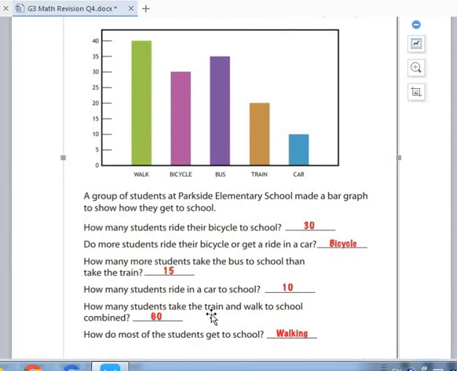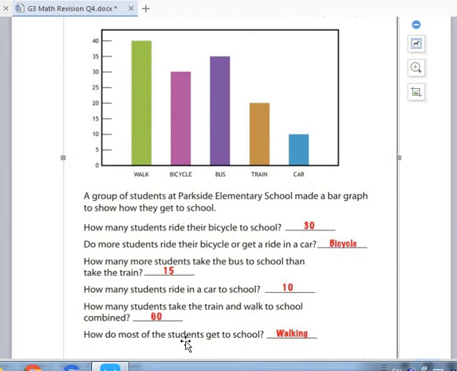I will go up and then to the left: 20 take the train, and those who go walking, 40. So 40 plus 20 will give you 60.